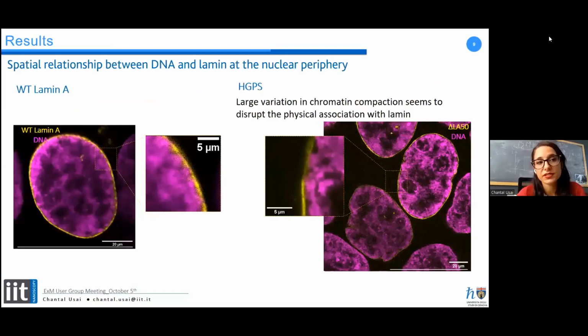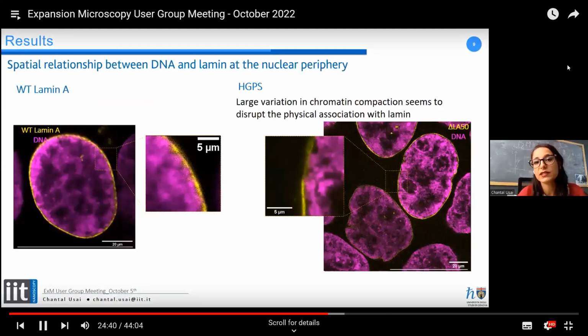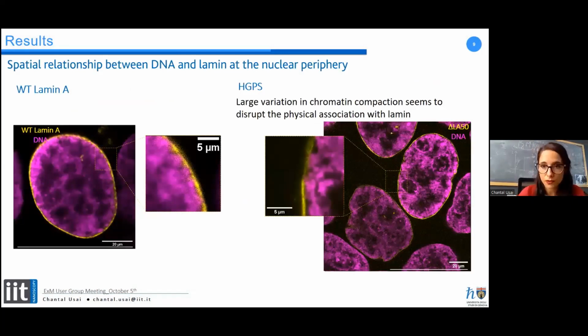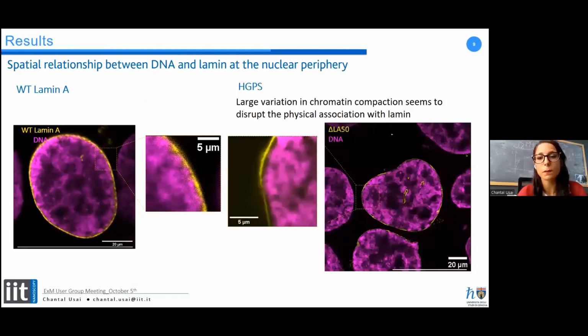So what we have seen is that in the HGPS sample set, there is a large variation in chromatin compaction, and this seems to affect the physical association between lamin and heterochromatin in the nuclear periphery, and seems to lead to improper spatial separation.